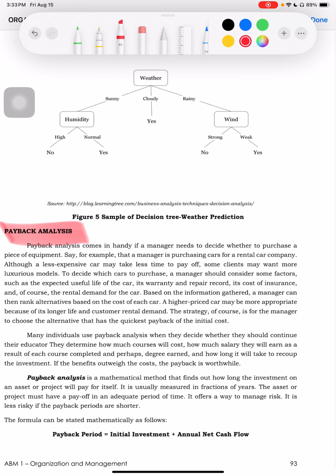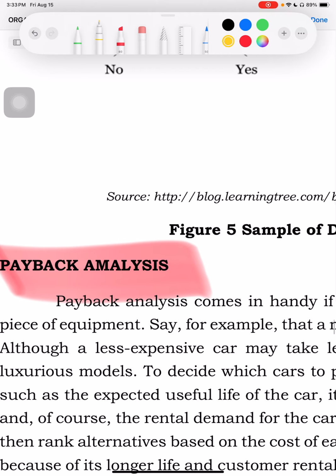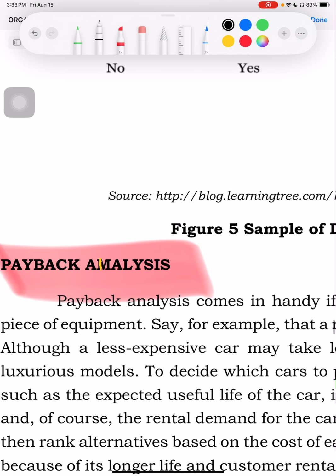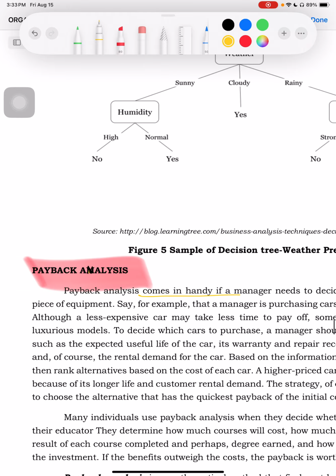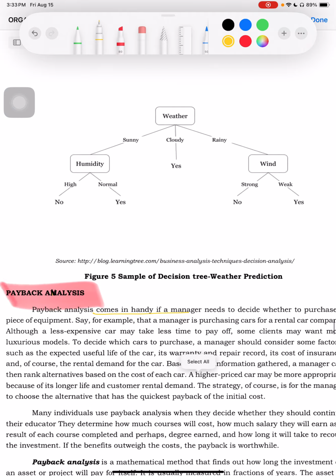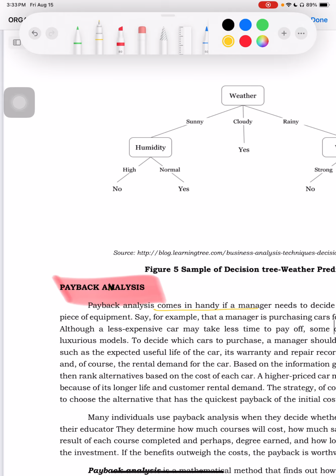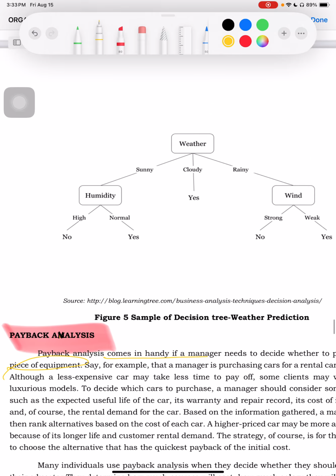Payback analysis. So it's N, ha? It's not M. It's N. Payback analysis comes in handy when the manager needs to decide whether to purchase a piece of equipment or not.